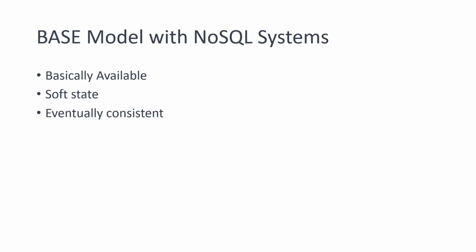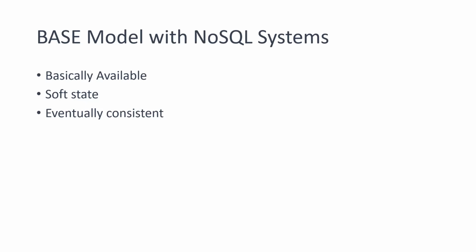So when you look at basically available in MongoDB, how MongoDB ensures basic availability is that it allows read and write operations to continue even in network partitions or replica set failures. Which means a client can access the database and perform operations even if some nodes are unavailable. So that's how MongoDB handles basic availability.